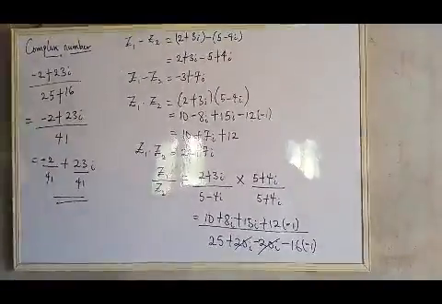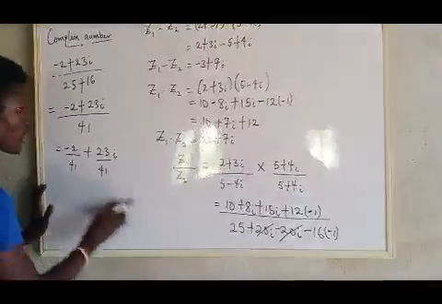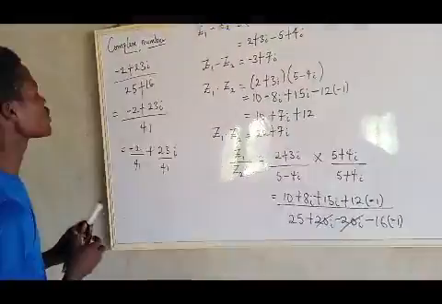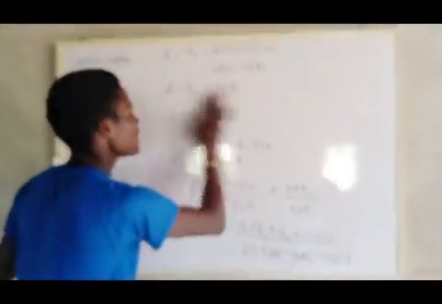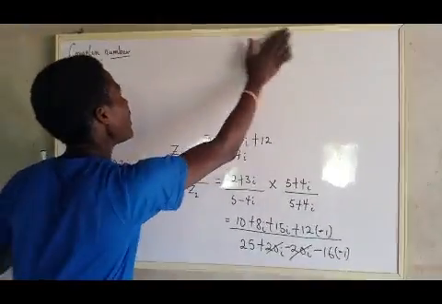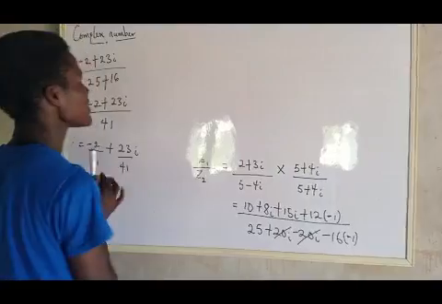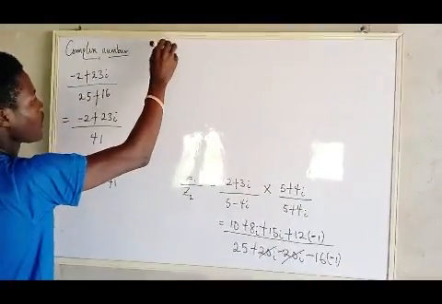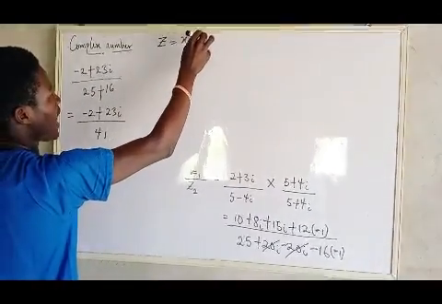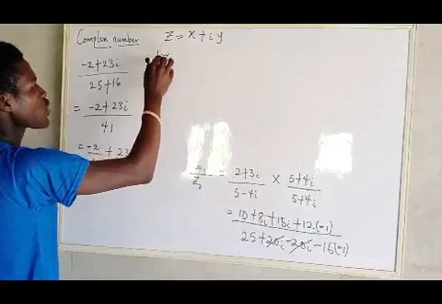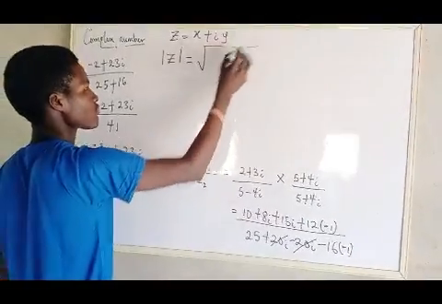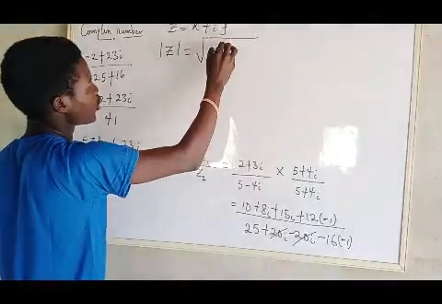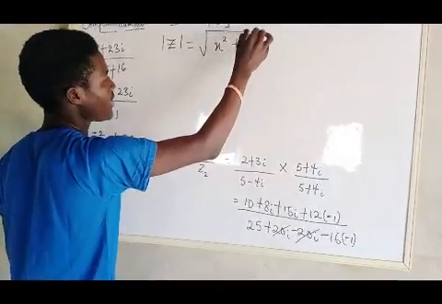So the next one, let's quickly run through the modulus of a complex number. Let's say I have a complex number z in the form x plus iy. Now the modulus of z will be the square root of x squared plus y squared.